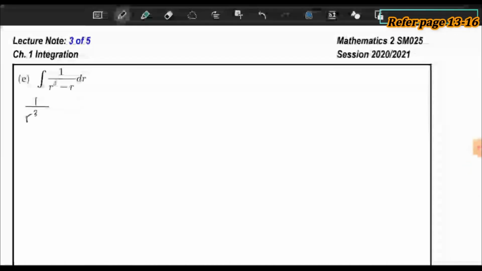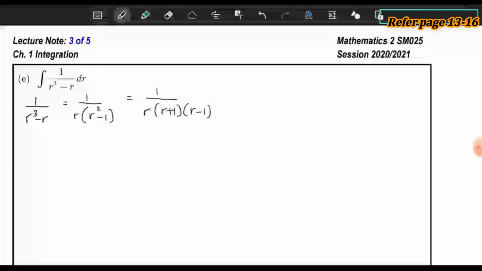Question part E. 1/(r³ − r) can be written as 1/r times (r² − 1). We factorize r. And it still can be factorized as r times (r + 1)(r − 1).